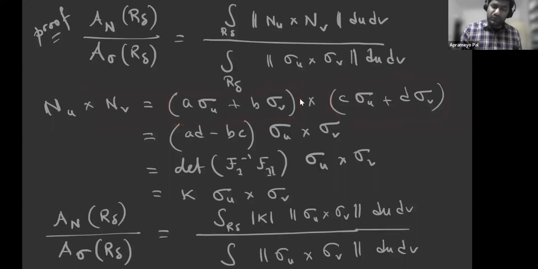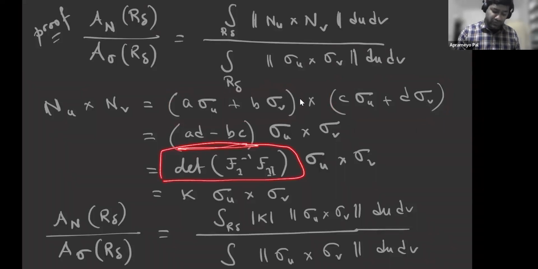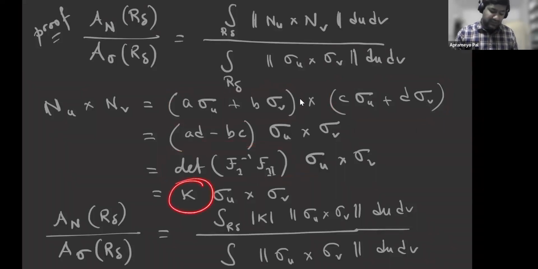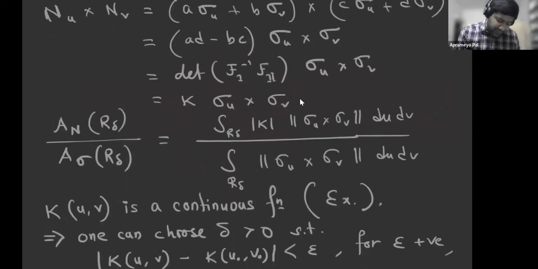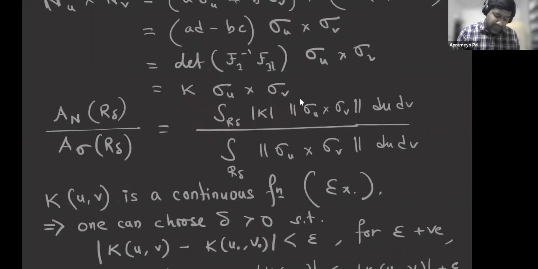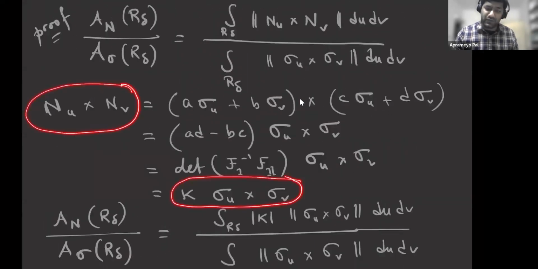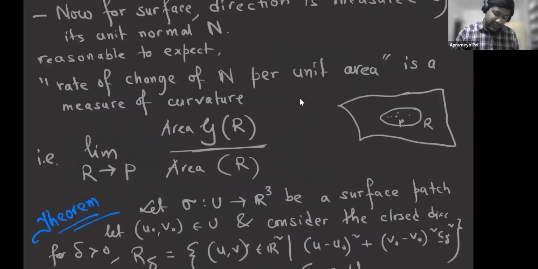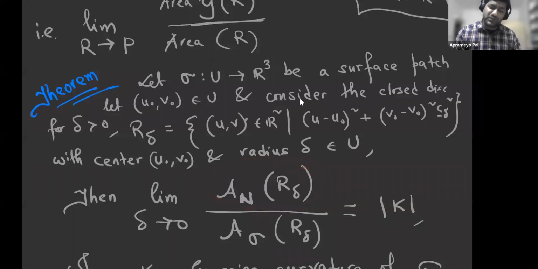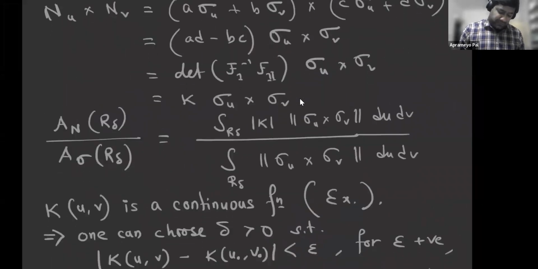And then A, B, C, D we took as a map from the Weingarten map, and that's exactly the Gaussian curvature. So if you think of this Nu cross Nv, and this K times sigma u cross sigma v, essentially this part is the Gaussian curvature times the denominator, and that's why exactly we are getting the absolute value, I mean the mod K.